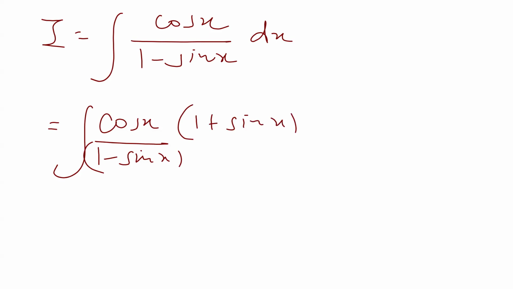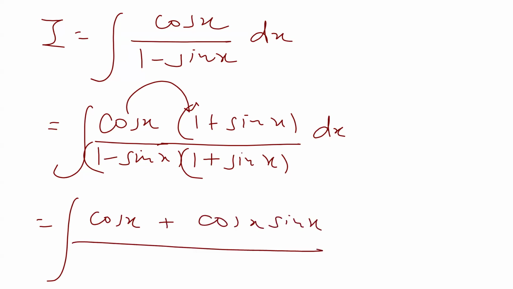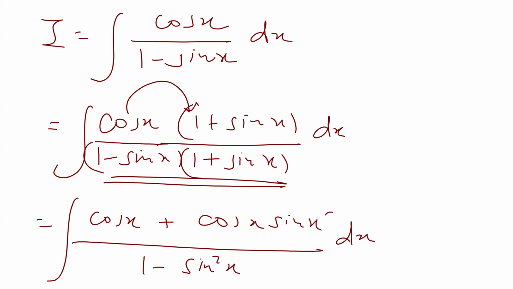I've given you the hint. 1 minus sin x in the denominator, rationalize it. Cos x into 1 is cos x plus cos x sin x. And down, a minus b into a plus b is a square minus b square.